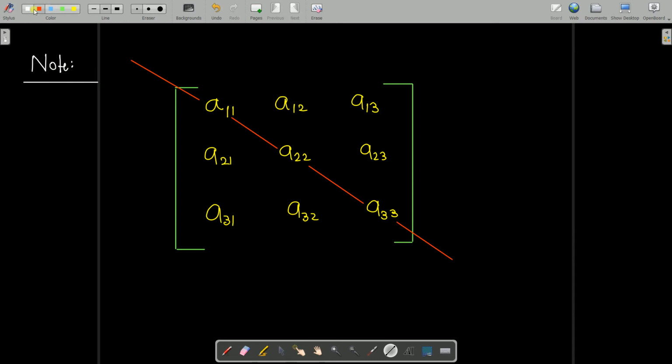First of all, I should mention that this diagonal is called the principal, or the main, or the leading diagonal. Moreover, we have other diagonals as well.